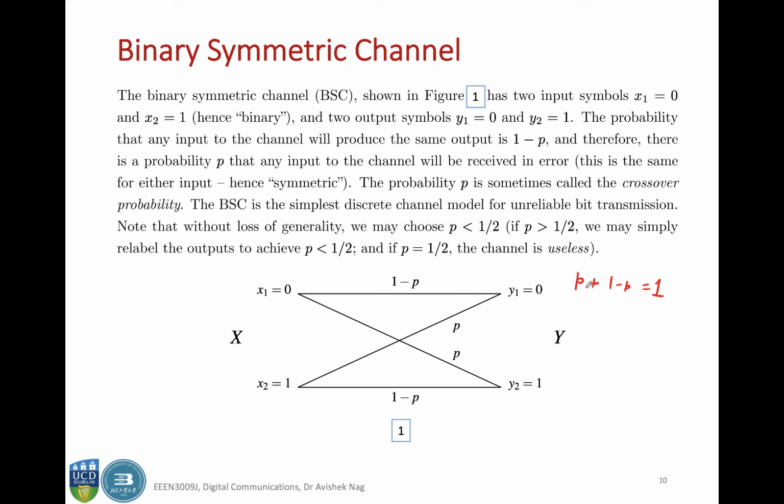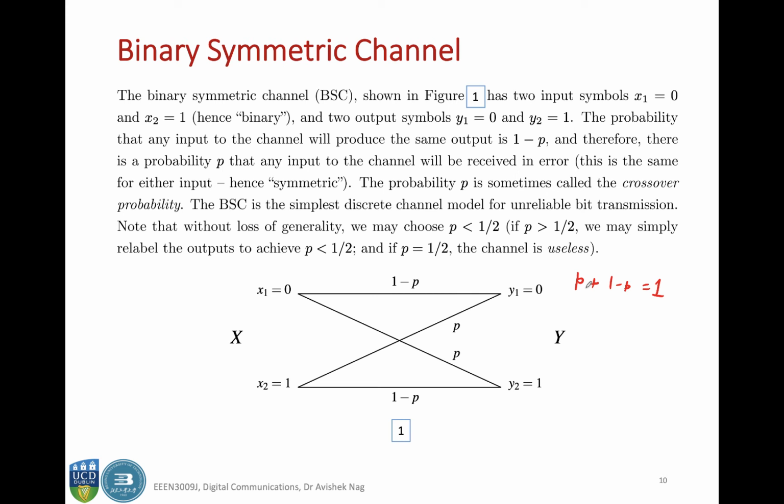So then also you can make a decision that my input was 0 if I am receiving a 1 with 70% probability, or in other words, you just relabel the outputs.